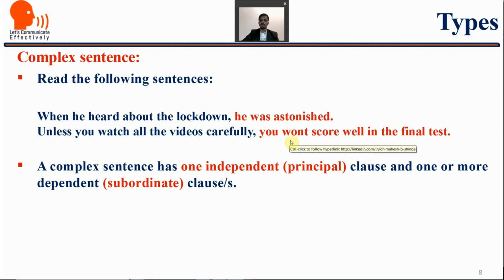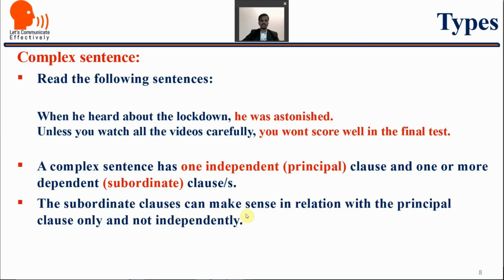In the second, you won't score well in the final test. It is making sense, a complete sense. But unless you watch all the videos carefully, not making complete sense. So the dependent or subordinate clauses always start with words like unless, when, right? Let us see ahead.